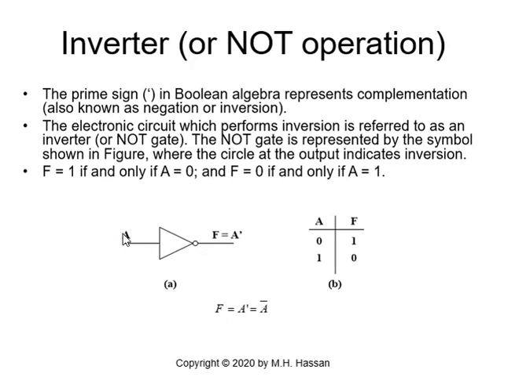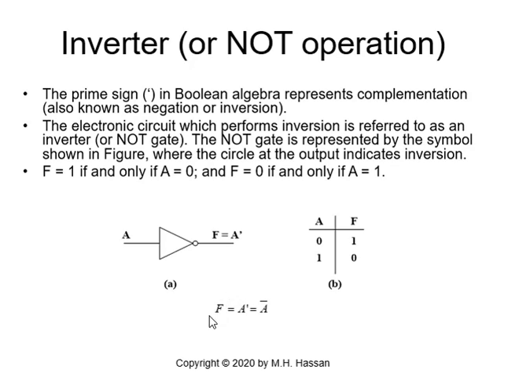So if I have A, the output will be F, which is the complement of A, or the inversion of A. The truth table of the NOT gate will have one variable, so we have only two values, 0 and 1. And the function will be the complement of the input. So if the input is 0, the output function is 1. If the input is 1, the output F will be equal to 0.